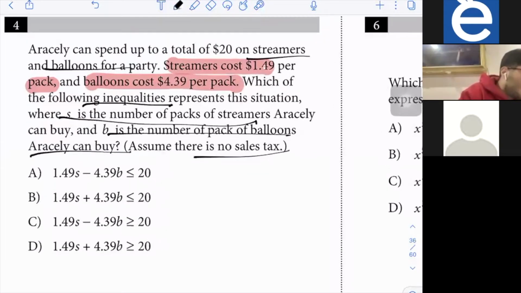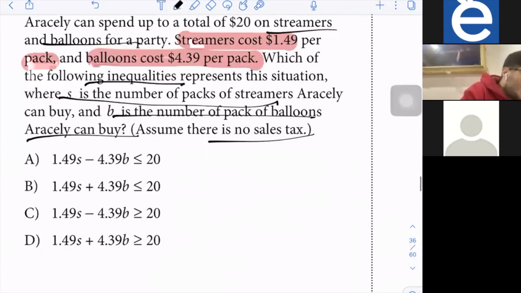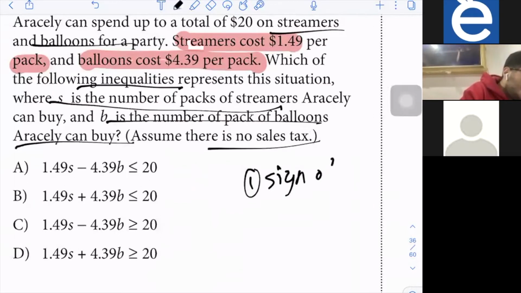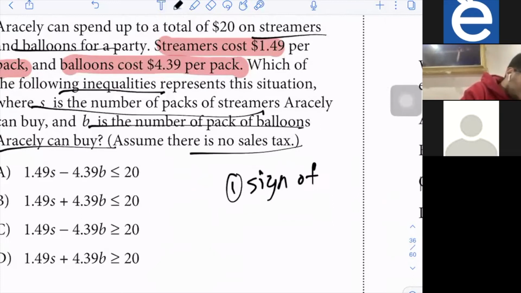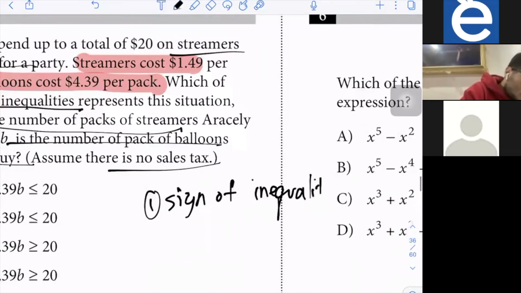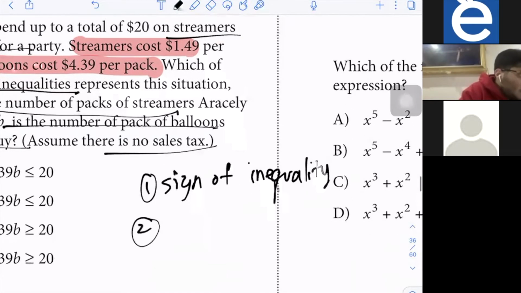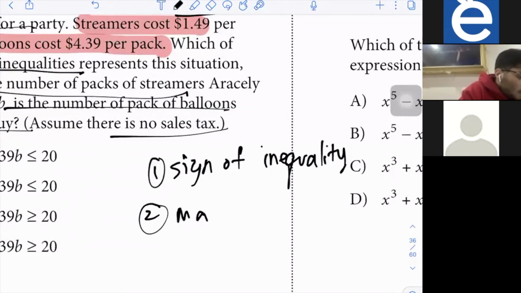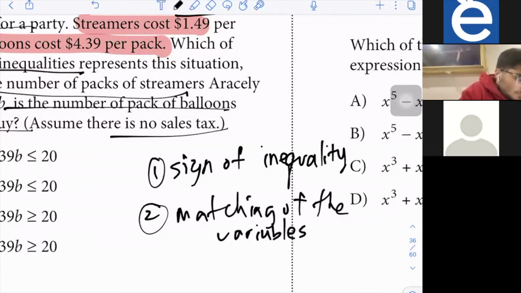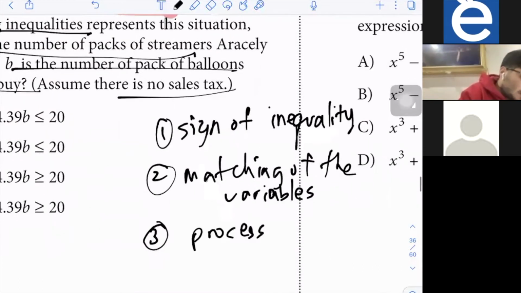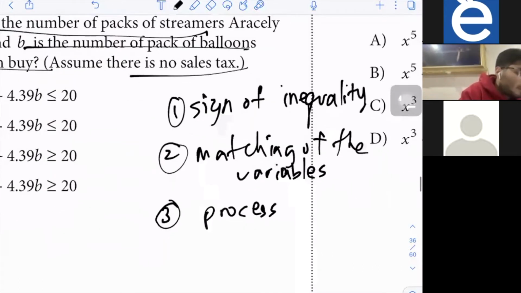Okay, so for this type of question, we have three things to worry about: the sign of the inequality, and then the matching of the variables, and we also have the process. And I'll explain what I mean by process.